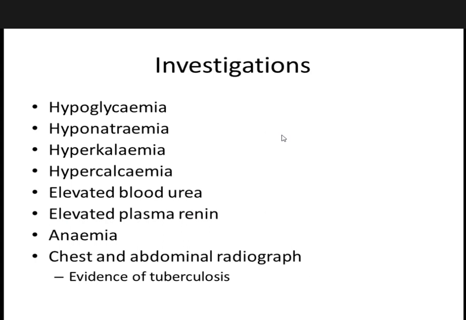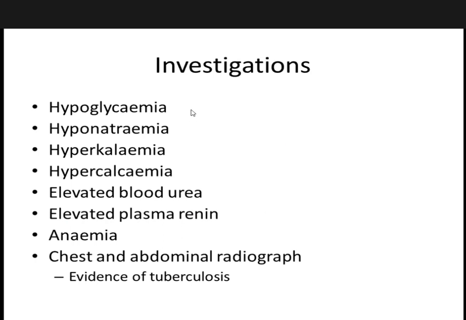Right? So if it is due to primary adrenal failure, they will have elevated plasma renin. Right? And then they can have features of anemia, and on chest and abdominal radiograph there may be evidence of tuberculosis, right? Apical fibrosis or even adrenal gland calcification, right?